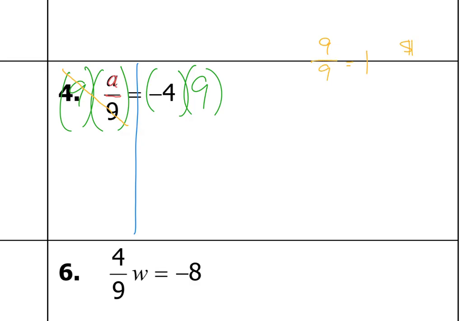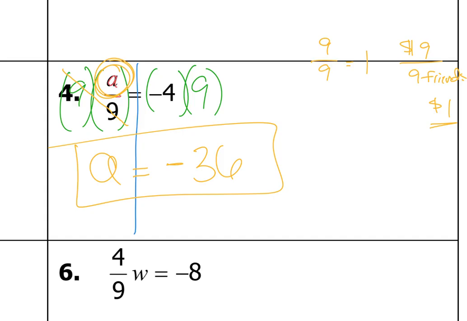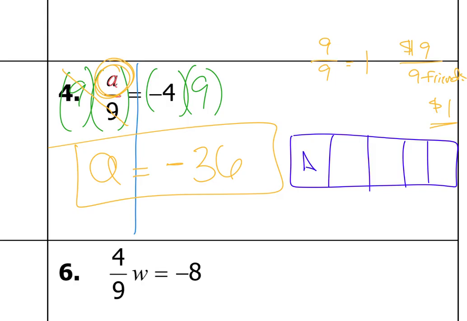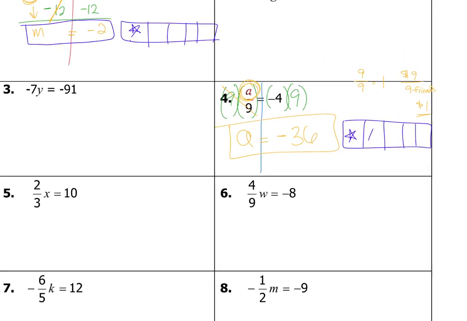If you have $9 and 9 friends, every friend is getting $1, right? That's right. So we're left with A equals negative 36. Again, when it comes to the difficulty rating of this, hopefully you're like, okay, that's like a star and then maybe a slash. That's not too hard, right?